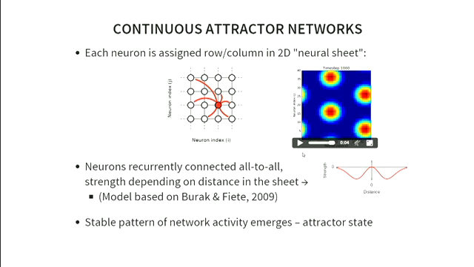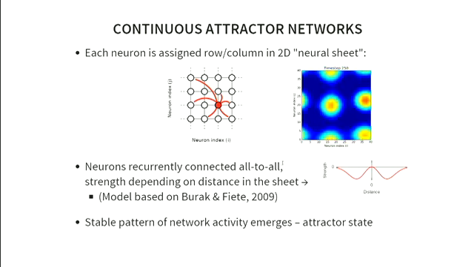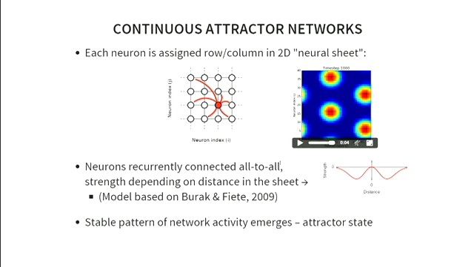So we have 40 times 40 pixels in the matrix here, and each pixel shows the color-coded firing rate of one grid cell. And we see that this pattern here emerges by itself from random initial conditions in the network. So if you then imagine that this pattern repeats at the vertical and horizontal edges of the network, we can see that this is a hexagonal pattern of activity inside the network.